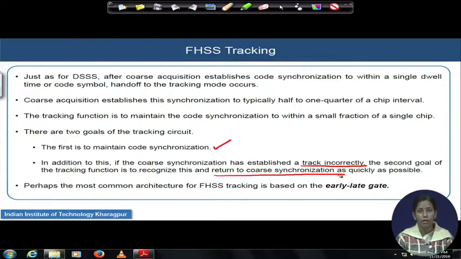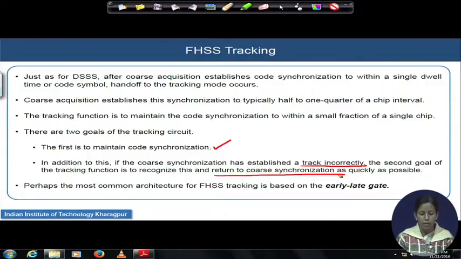So, it is doing a very crucial job. Whether the coarse acquisition is done perfectly or not is checked first inside the tracking circuit, and if it is not done properly, then it will trigger the code acquisition once again, and if it is done correctly, then it will enter into the second phase.